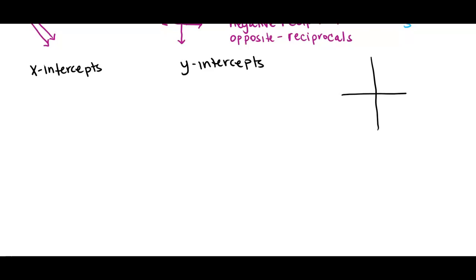So let's say I've got a graph that looks something like this. When I'm trying to find my x-intercepts, I'm going to let y equal 0 and solve for x.